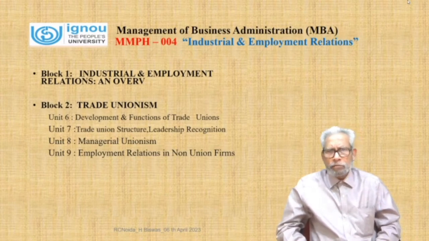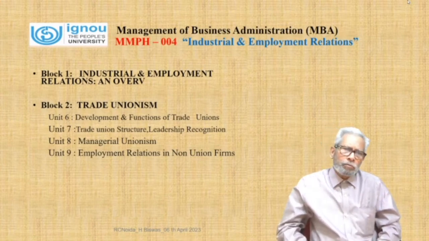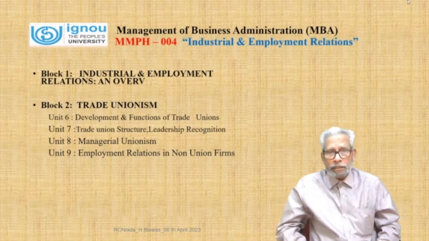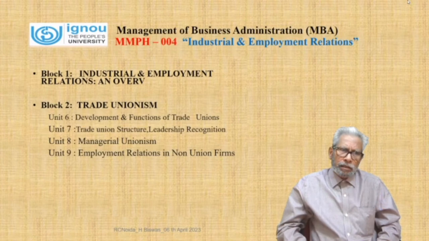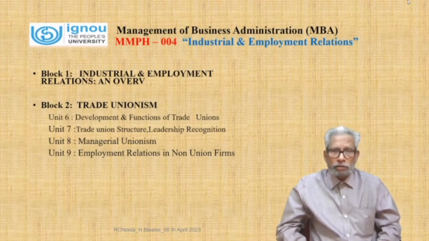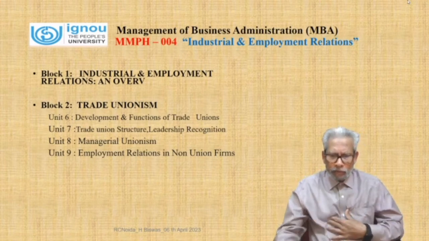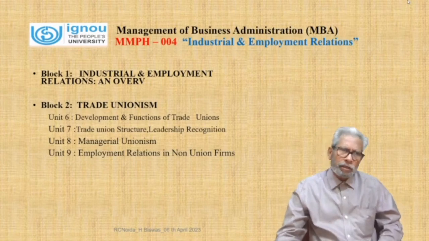What a trade union is, how it is formed, what the national acts and regulations are, and what the criteria behind it are. The trade union structure is also covered: leadership, recognition, managerial unionism, and employment relations in non-union firms. All these are part of unit number 9.